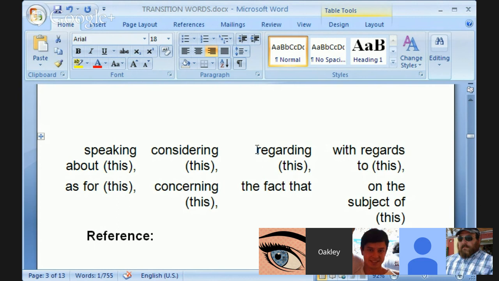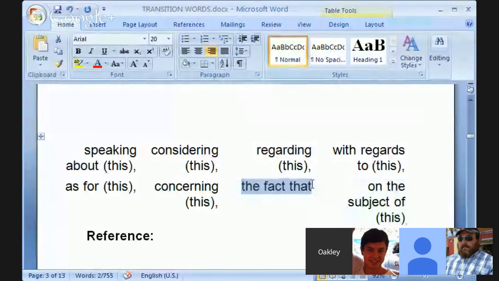For example, regarding our talk last Friday, I've decided to move ahead with the project. The fact that the financing won't come through until July means we cannot start construction until August. Hopefully you can see the idea of this.